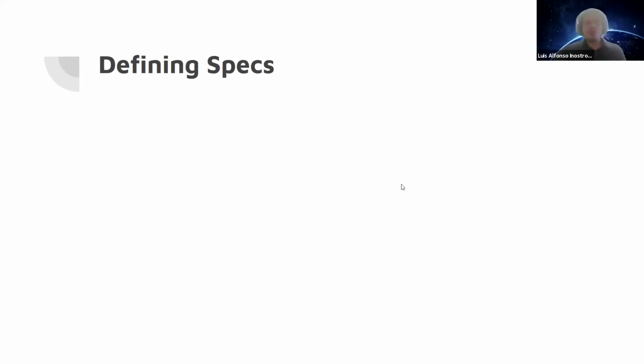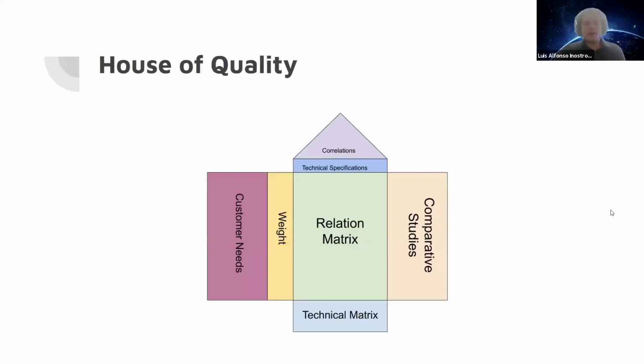So in order to know what specs are more important than others after you define them, we use the house of quality, which is a relation matrix that allows us to correlate customer needs and their weight with the technical specifications and comparative studies. Comparative studies allow us to know how competitors are satisfying the customer needs and where we want to stand.